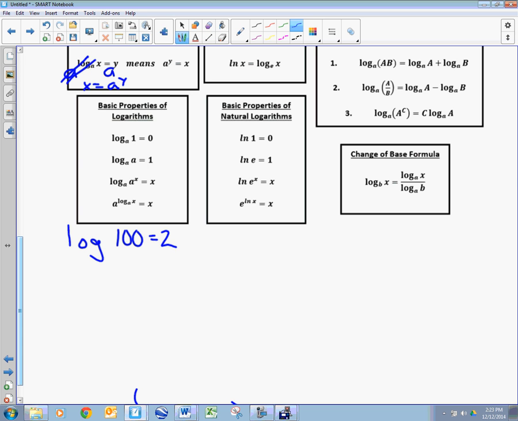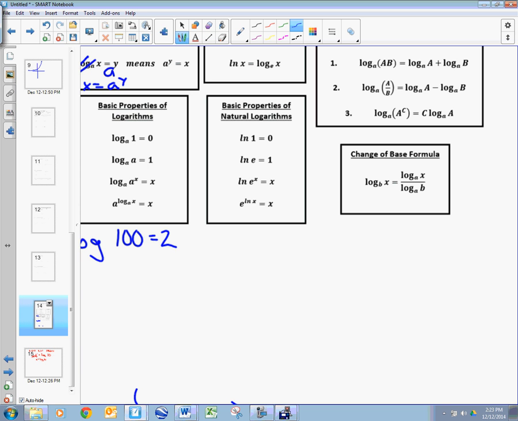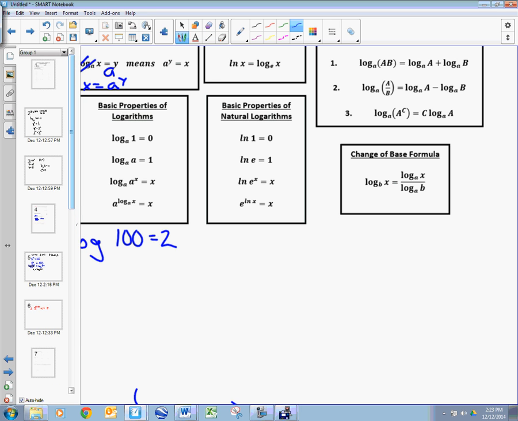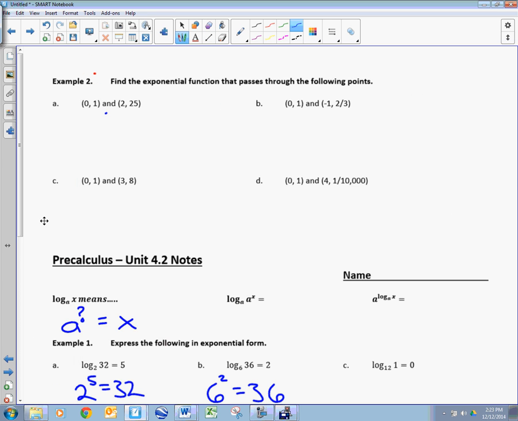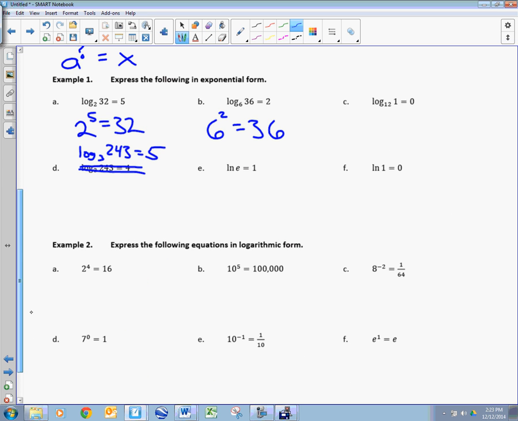We will practice this, allow it to sink in. If you don't see it right now, it's okay. Let's practice this a little bit further. E is a base. It's 2.71. It's one that we're going to talk about a lot.